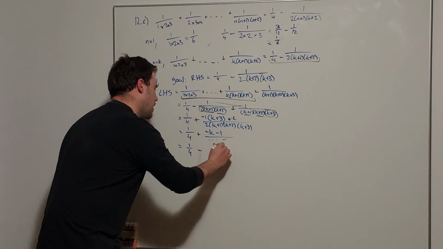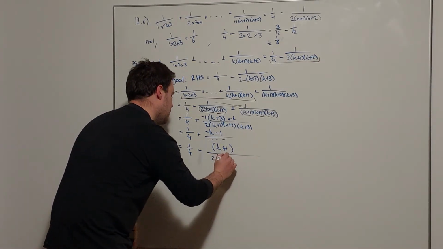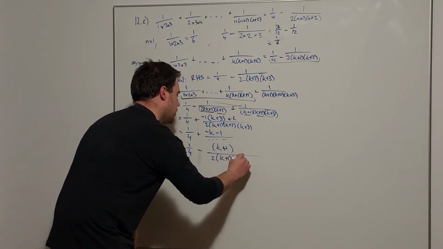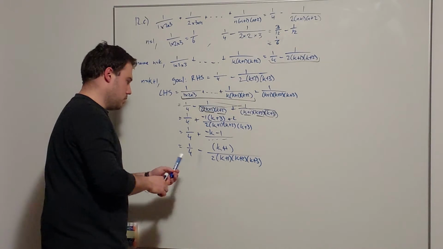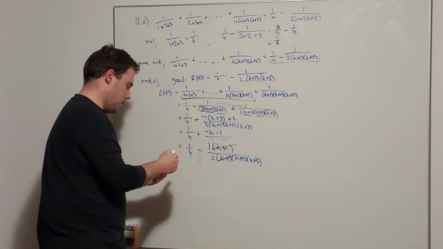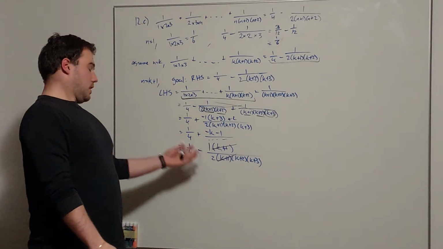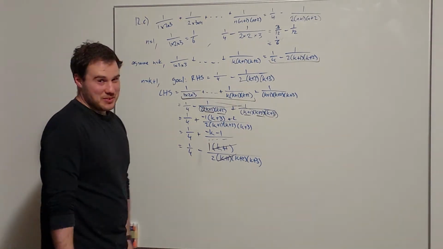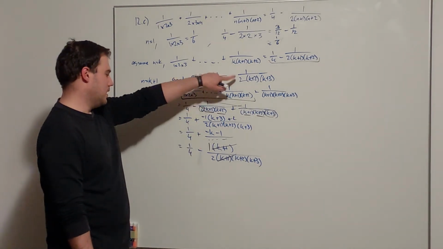And then we've got a k plus 1 now on the top with 2, k plus 1, k plus 2, k plus 3. So obviously the k plus 1s cancel out, and I can't be bothered to write it again, which equals the right hand side.